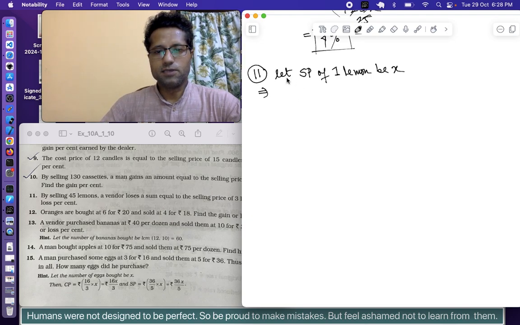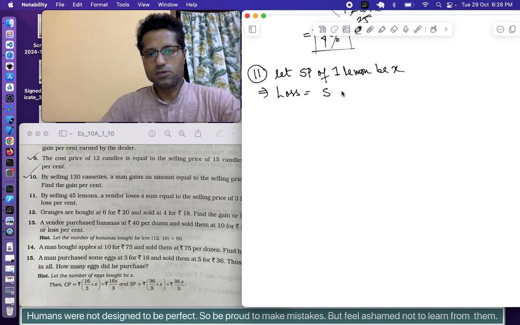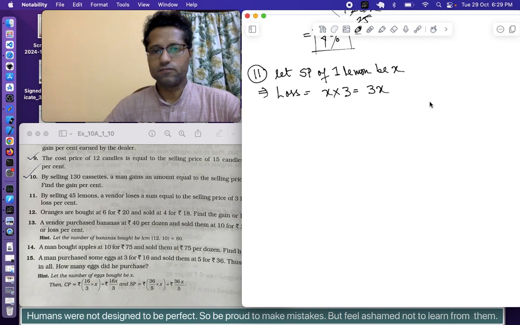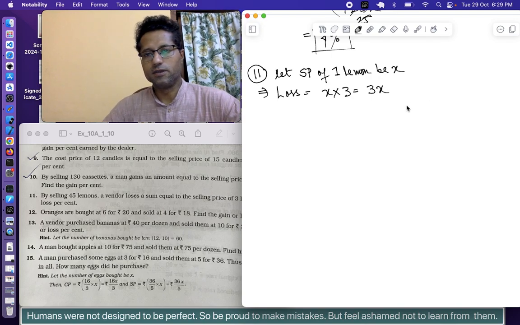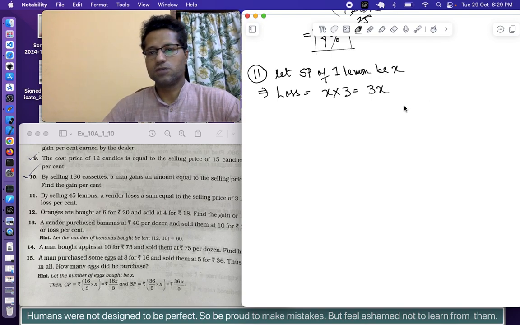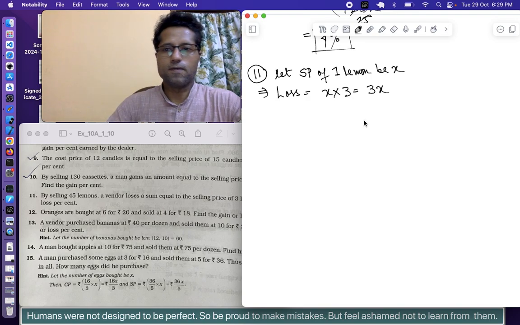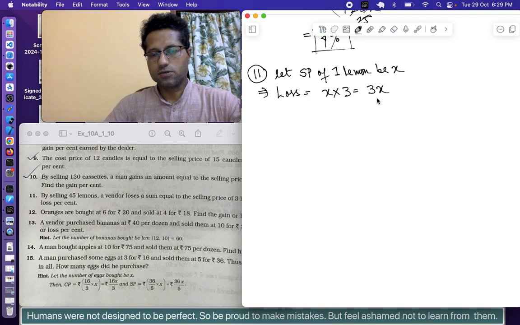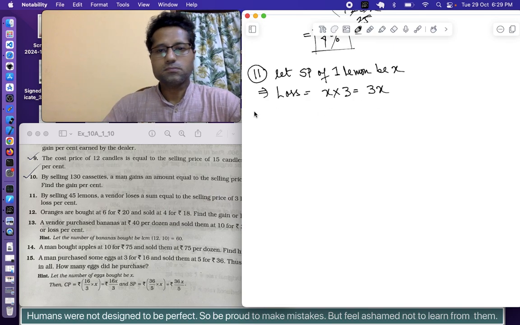Therefore, we can say loss is equal to X into 3, because we have assumed the selling price of 1 lemon to be X, so the loss will be 3 into X.